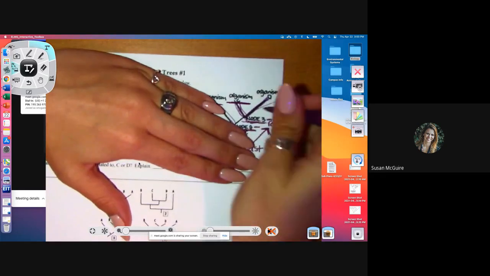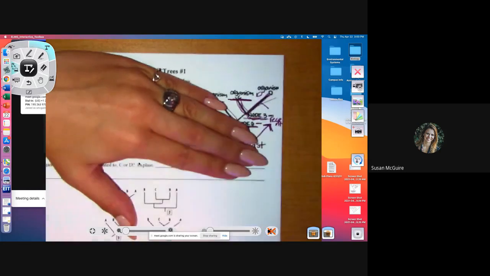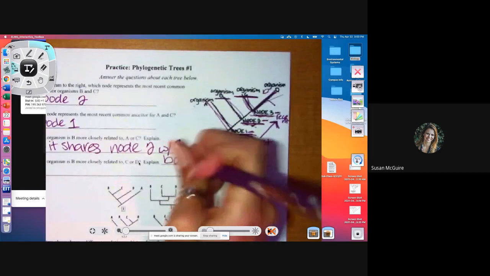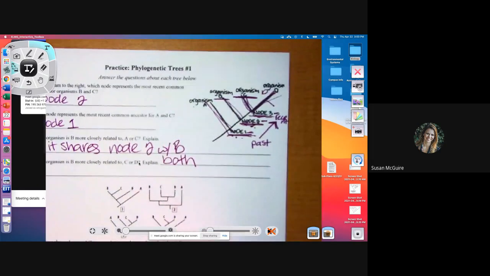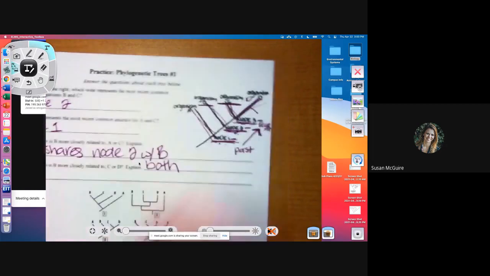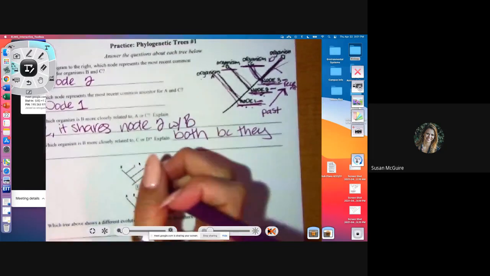There's not a node 4 and then D. They both came from node 3. C shares node 2.